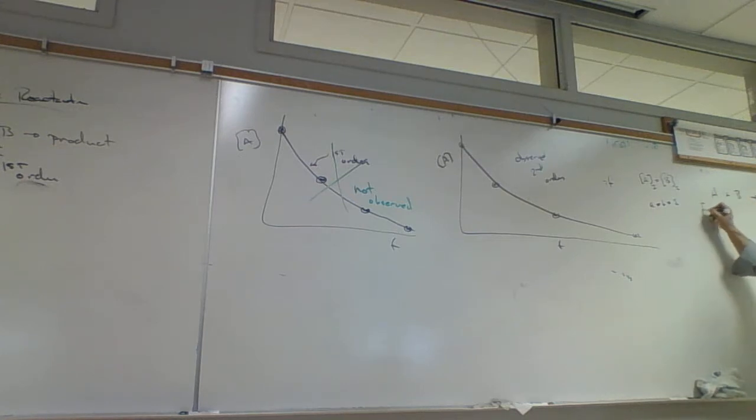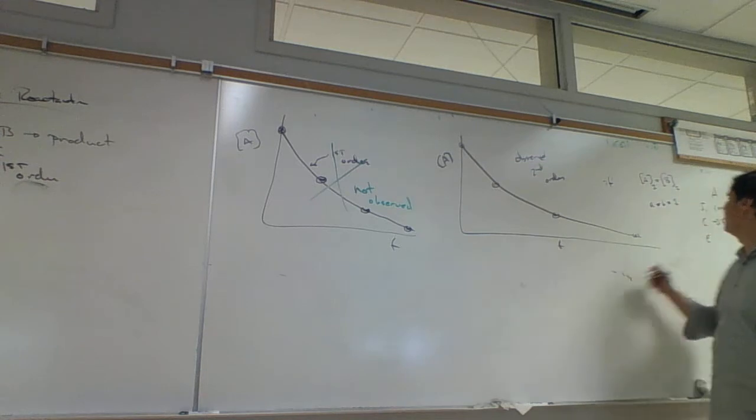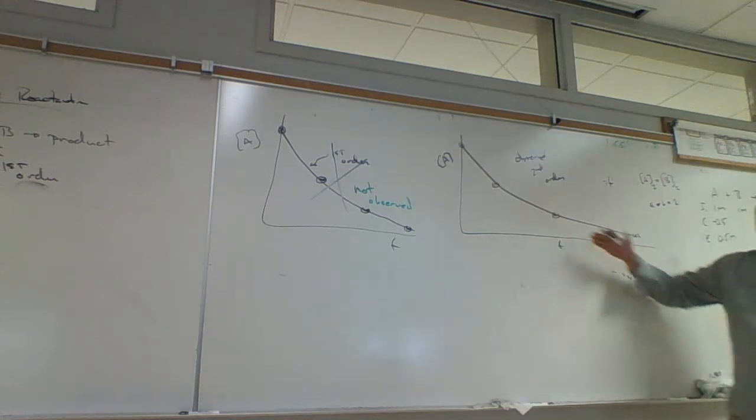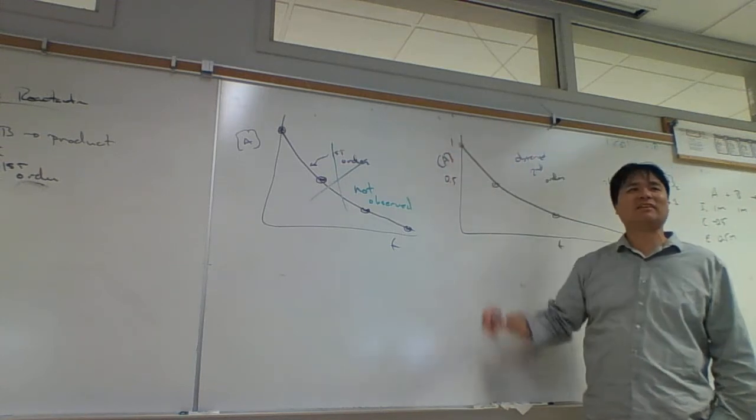And let's start off initial the same, 1 molar, 1 molar, and the product whatever. If we lose half of A, then we have 0.5 molar left, right? And so if we lose half of A, let's say we're starting off at 1, we're now down at 0.5.